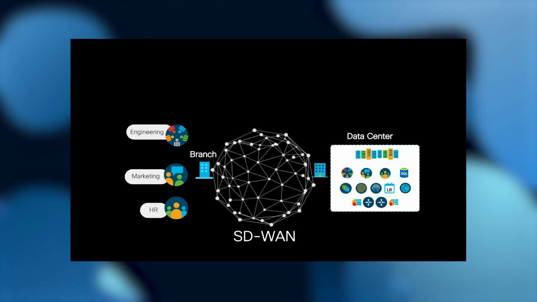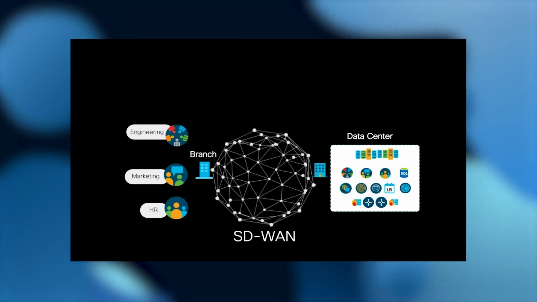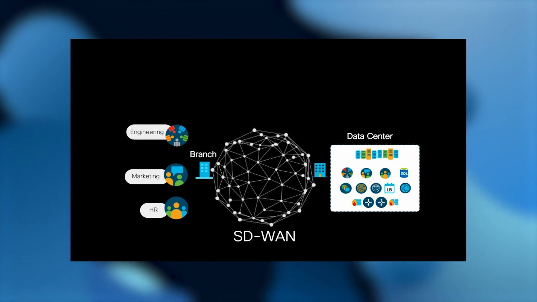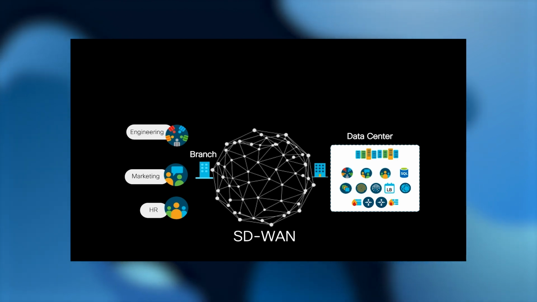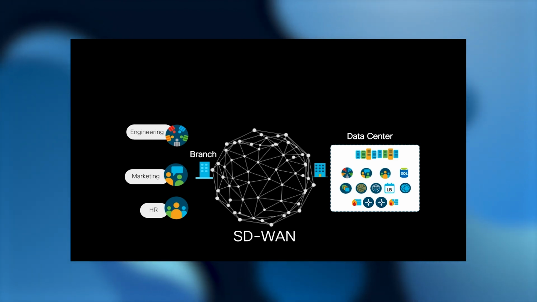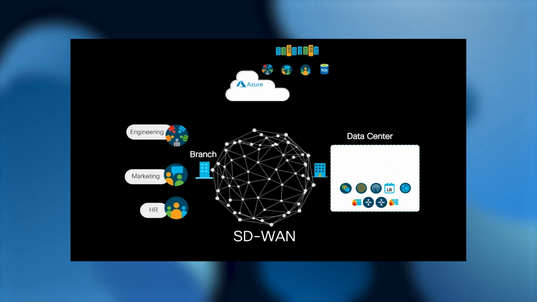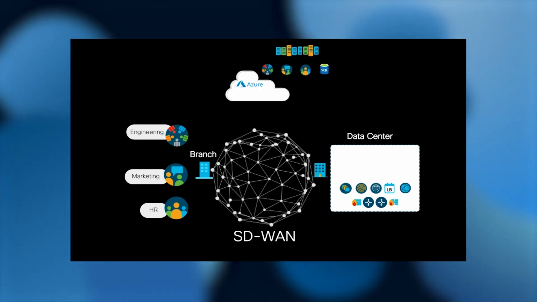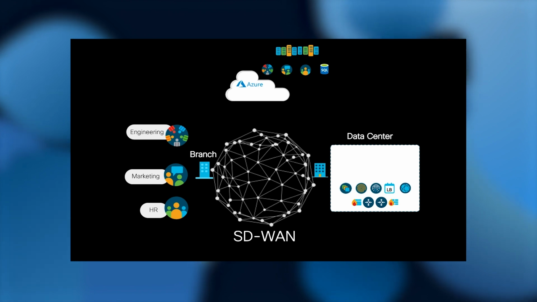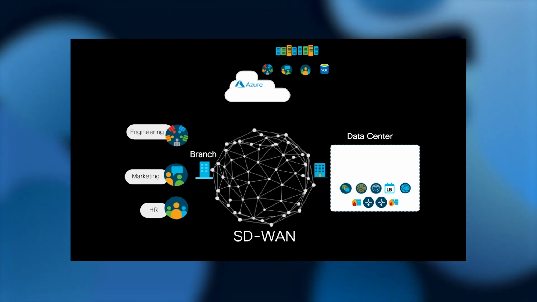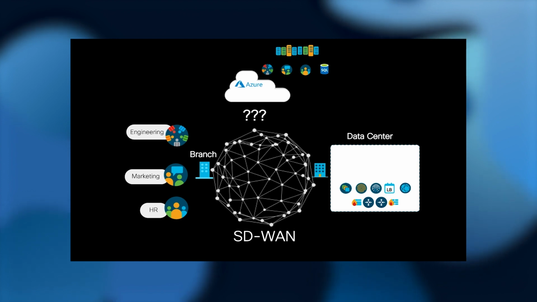Let's get started. On the left side, you see an SD-WAN branch with multiple teams accessing applications in a data center. In the last years, you see applications moving from on-prem data centers to Azure for multiple reasons, like cost saving and agile development. So the key question now is how to connect SD-WAN with Azure in a secure, reliable, and automated way.